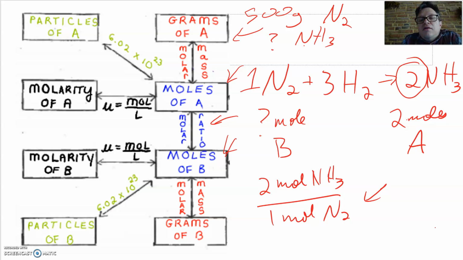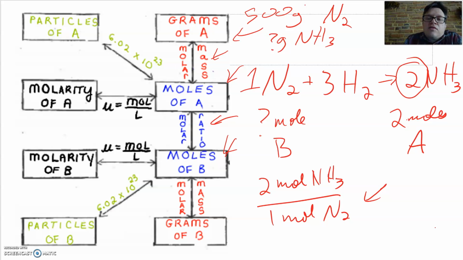Usually in questions, you'll be told things like you have enough hydrogen or enough of the other reactant to do it. Then it's simply following the same sorts of calculations that we've done in the past, using all of the same conversion factors, except this time, if I was asking for grams of ammonia, you would need to not only use the molar mass of nitrogen to go from grams to moles.